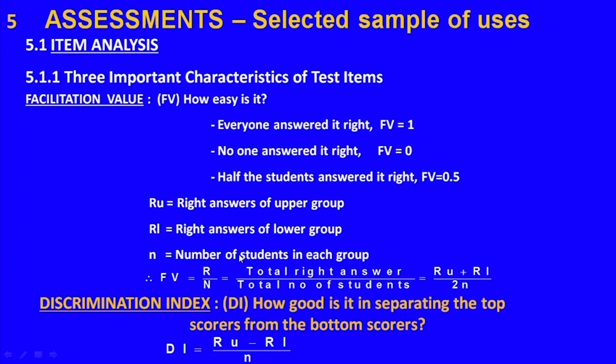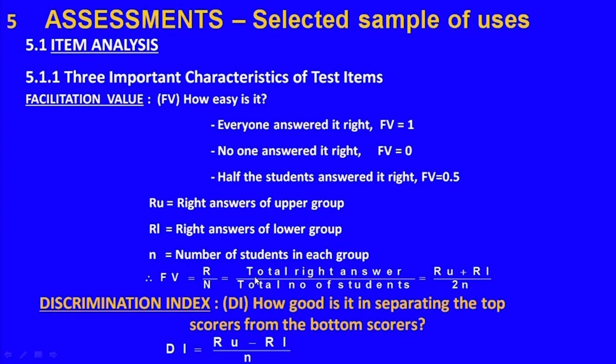So facilitation value is equal to R over 2n. That means the total right answers, upper group and lower group together, divided by the total number of students, 2n.